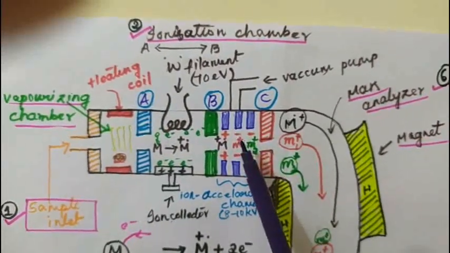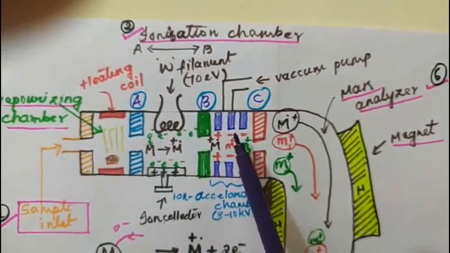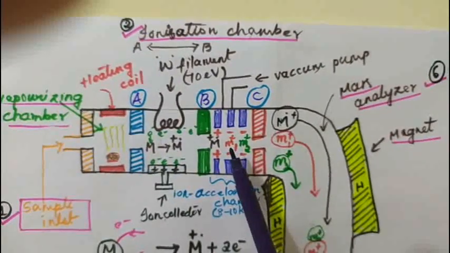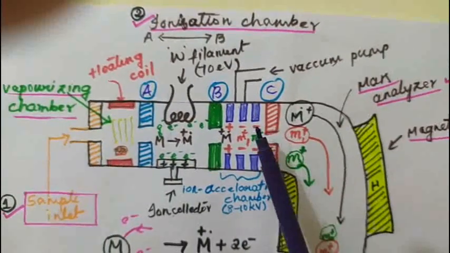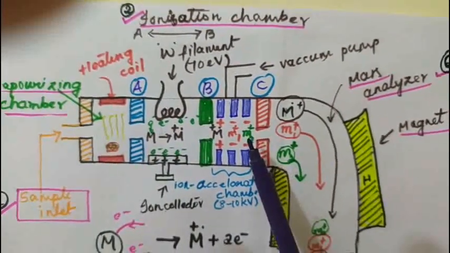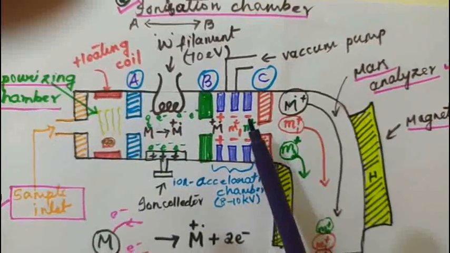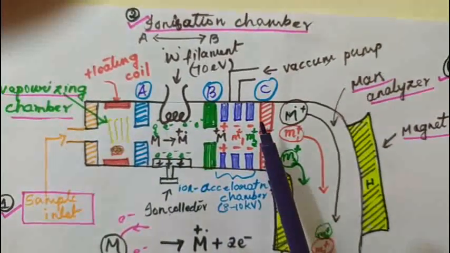On the second electrode, negative potential is applied, and the ions will get attracted towards it, and the third one is made more negative, so ions are attracted towards the third electrode.